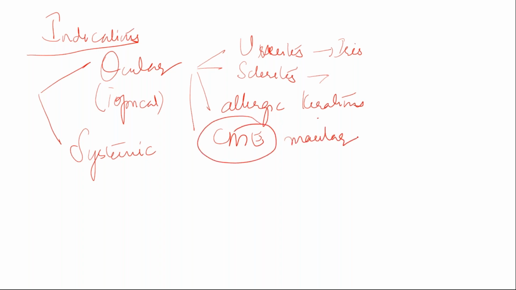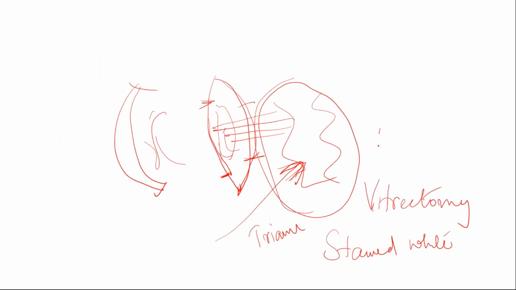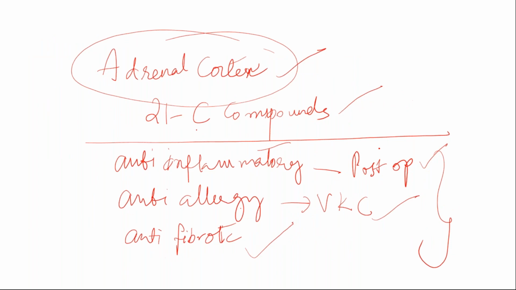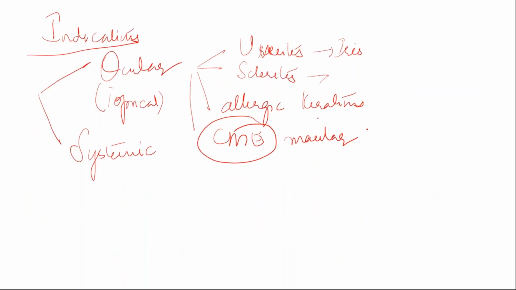So when there is cystoid macular edema, it might be due to some inflammation. To reduce the edema, we can use corticosteroids. And as usual, post-operatively, after any surgeries, especially intraocular surgeries.